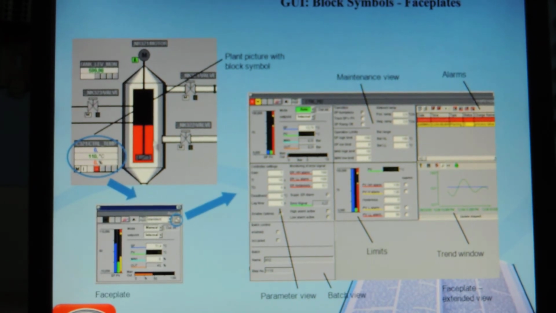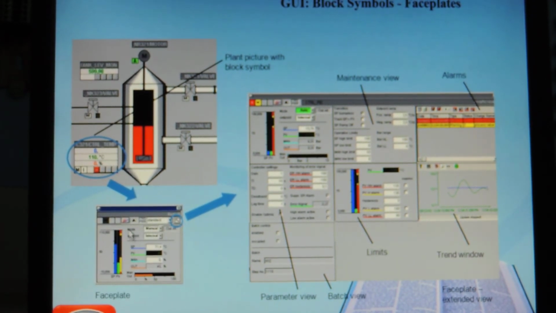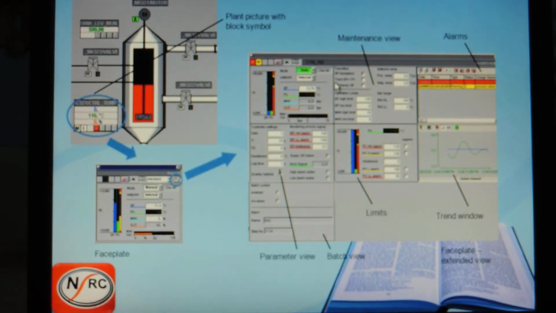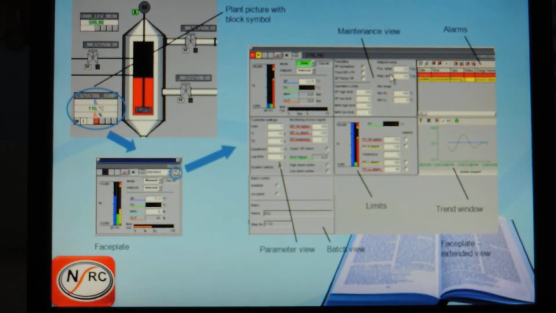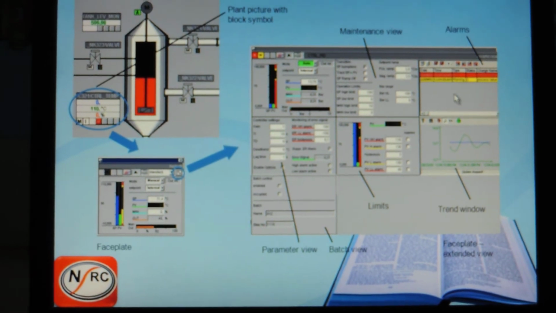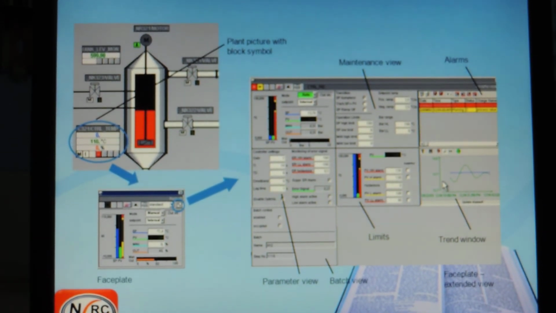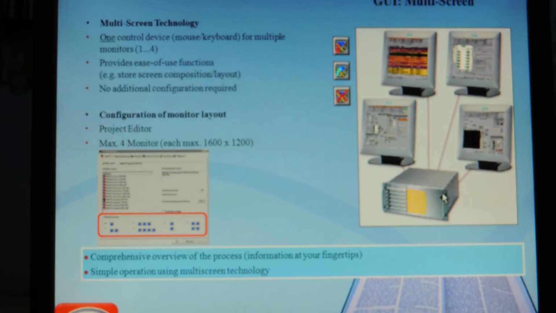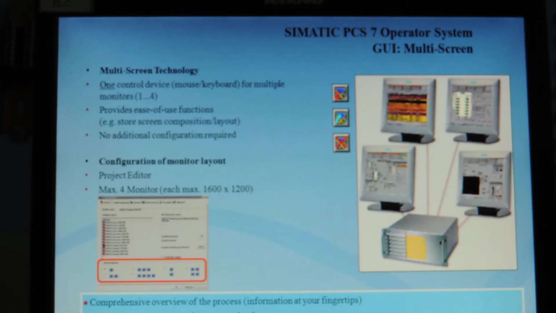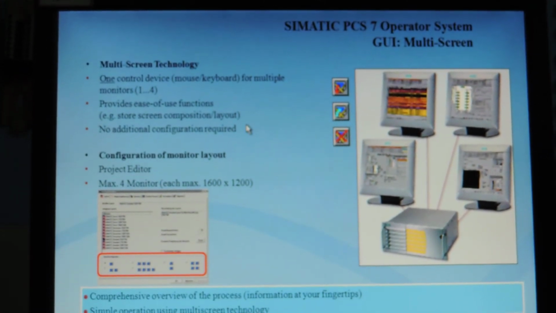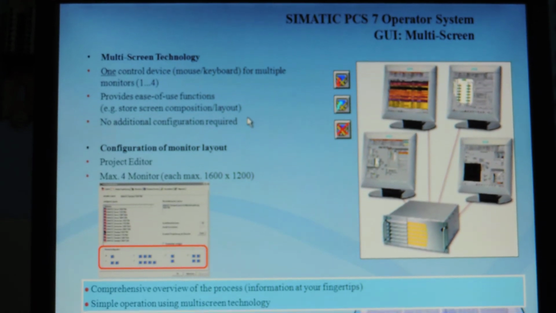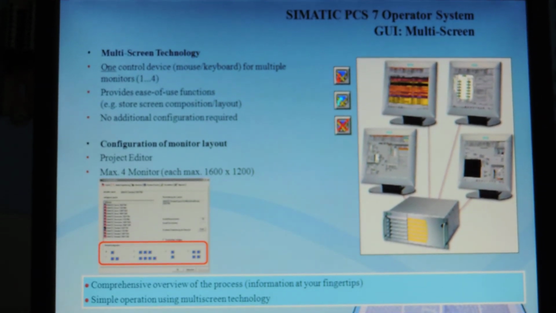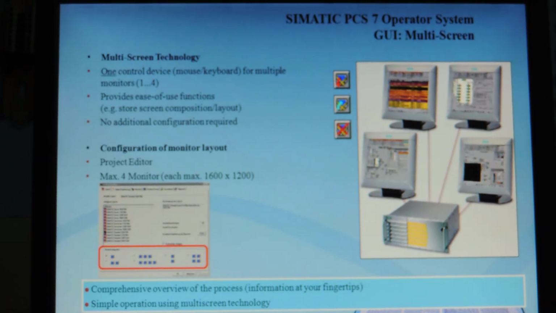The corresponding faceplates are generated here, and this is the maintenance view, where we can monitor the level and everything, and the alarms, and these are the trends. And we have multi-screens also. By using VGA cards, as I told you previously, we can connect 4 monitors.